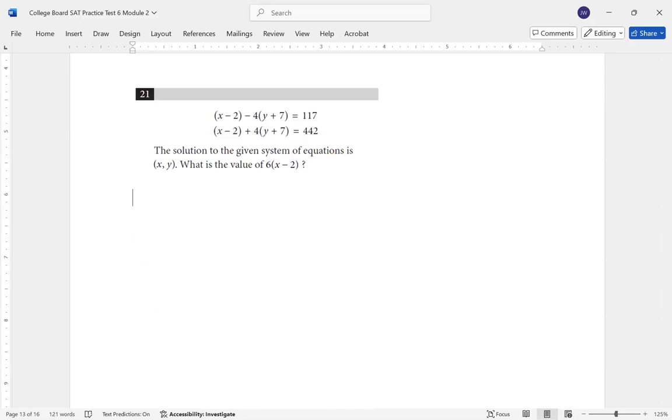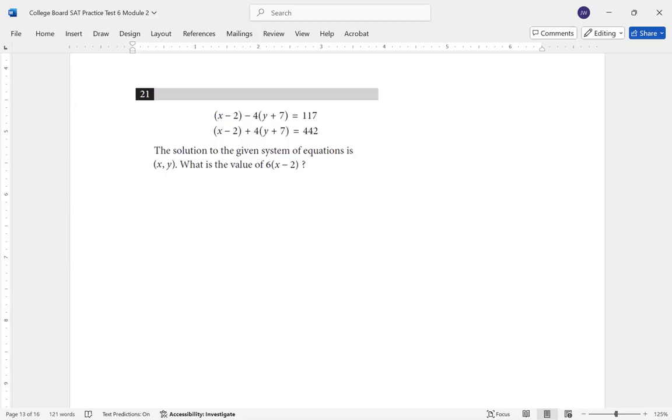#21, the solution to the given system of equations is x comma y. What is the value of 6 times the quantity x minus 2? Now, if I wanted to, what I could do is I could multiply out everything and simplify out everything before I start combining the two equations using elimination.